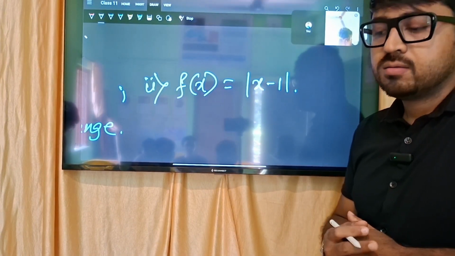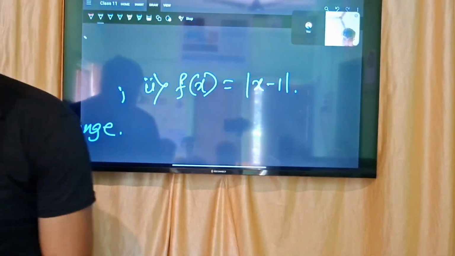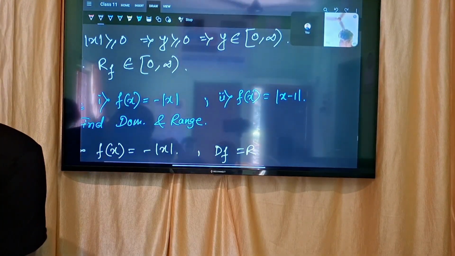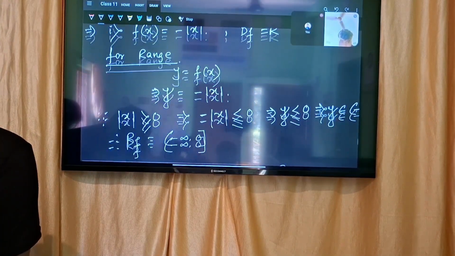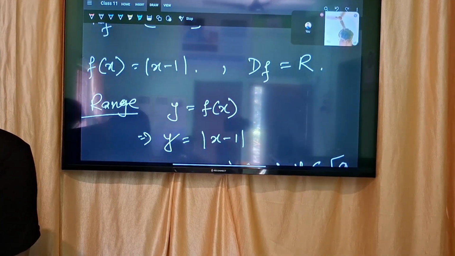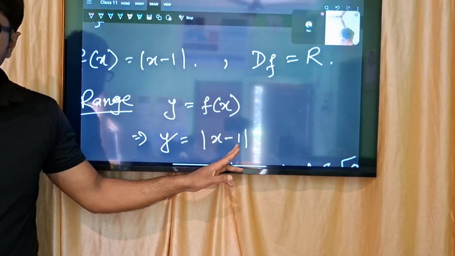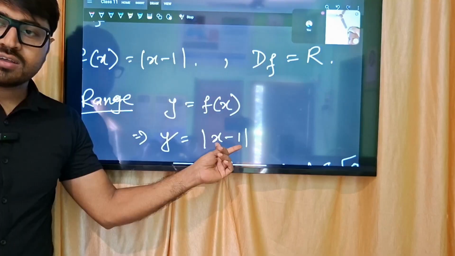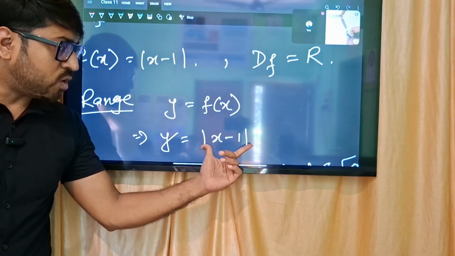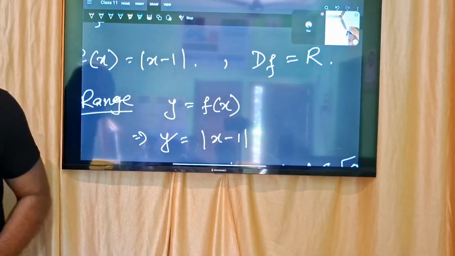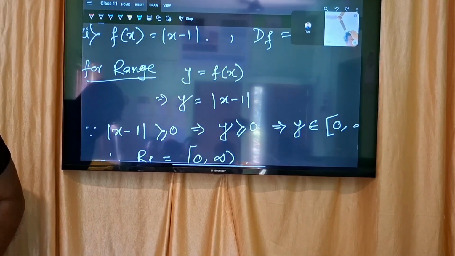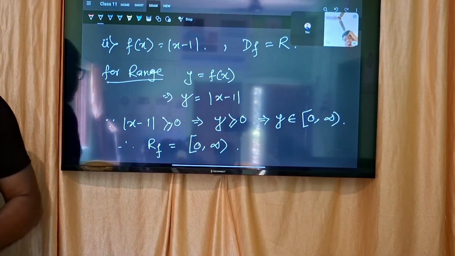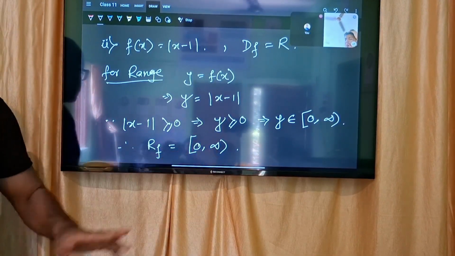For range, what is the condition? y equal to mod x minus 1. So inside the modulus, this part can be anything. So mod x minus 1 will be positive. Clear? Positive means 0 to infinity.